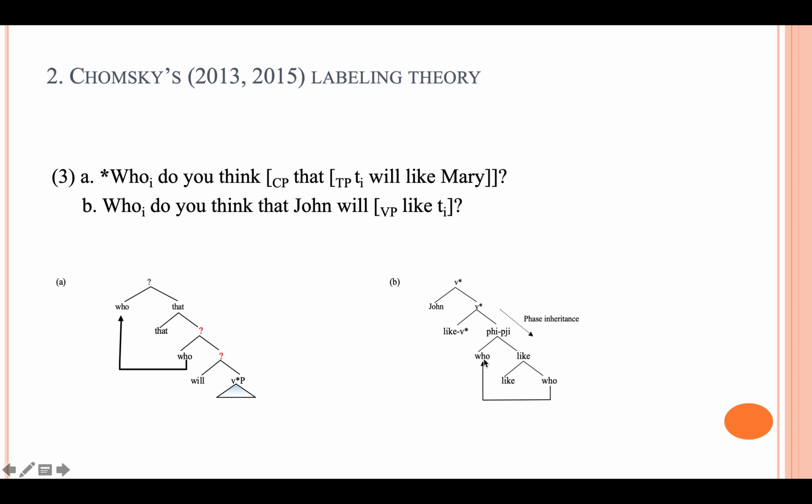When this phase is ready to spell out, the labeling algorithm will start to work. In such a case, who and like are still in the same local domain, so they can have feature matching, and their mother node can be labeled.